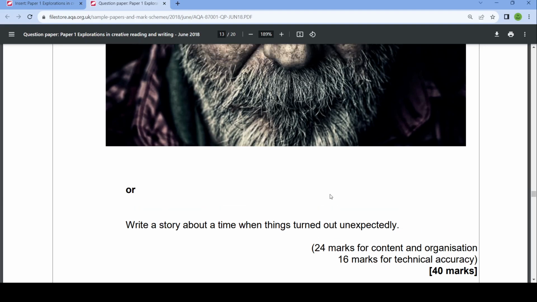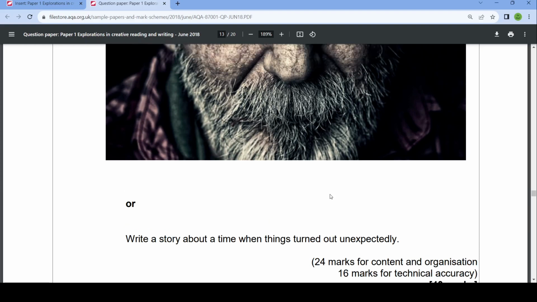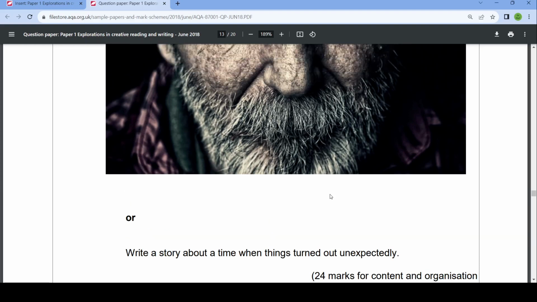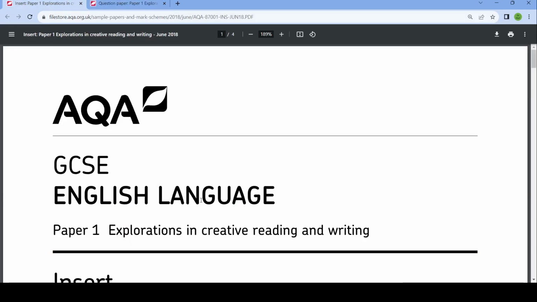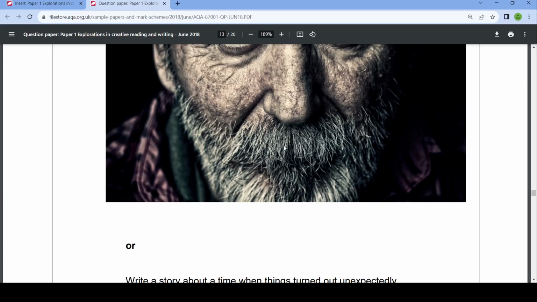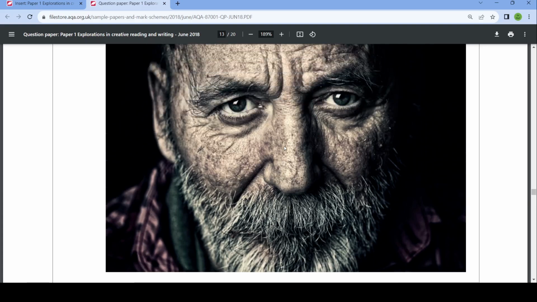And one final thing to say is that the creative writing bit, the section B, question 5, is usually related to the extract in some way. So in this case, the extract is about a person called Mr. Fisher. Now, it doesn't mean that this is Mr. Fisher, but the extract is kind of focused on this one particular person.